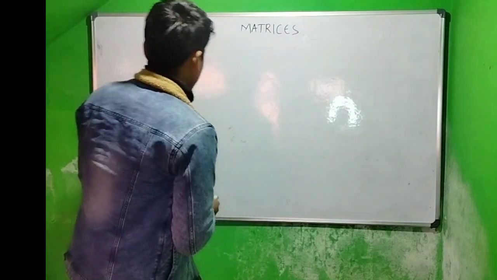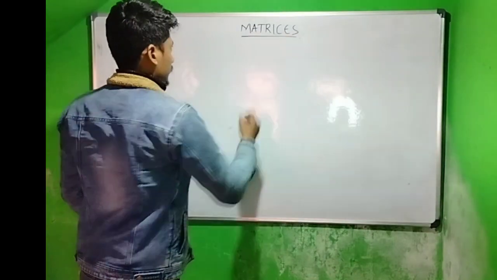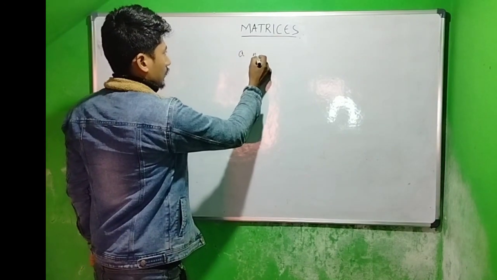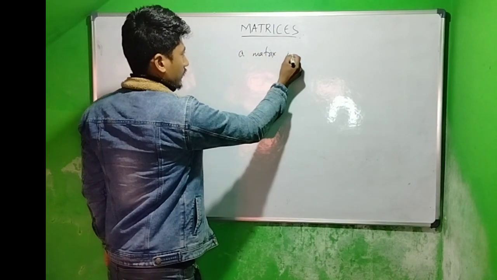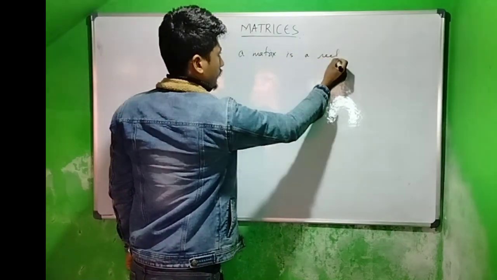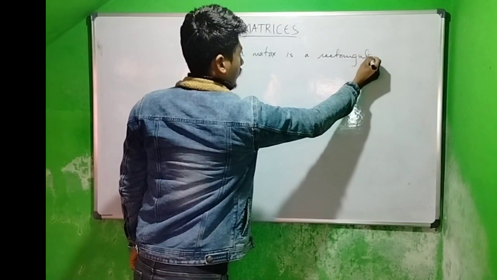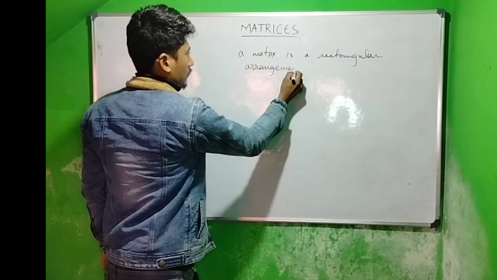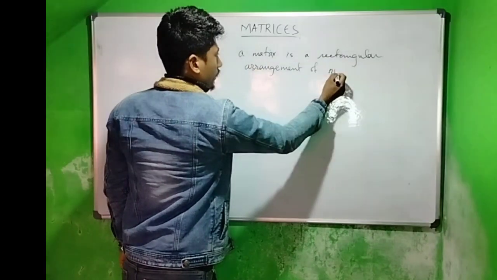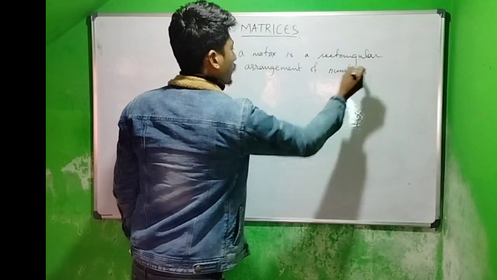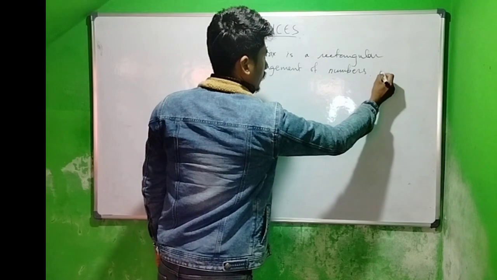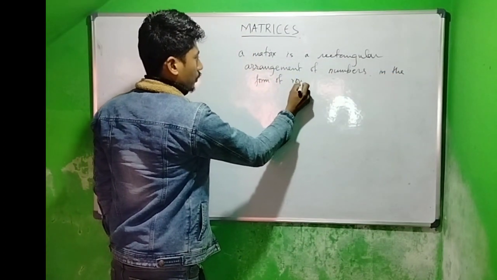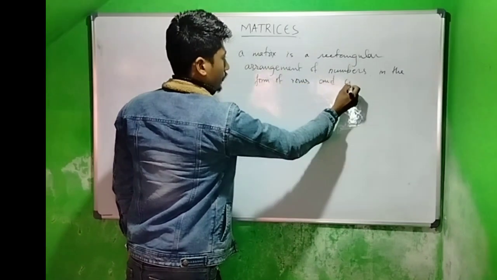Alright, first thing is, what is a matrix? A matrix is a rectangular arrangement of numbers, in the form of rows and columns.